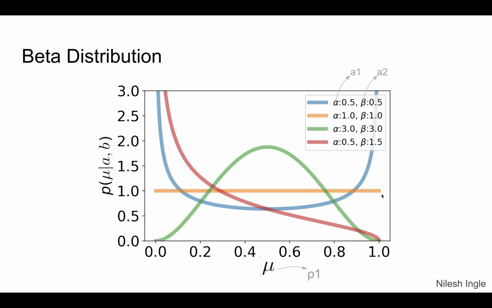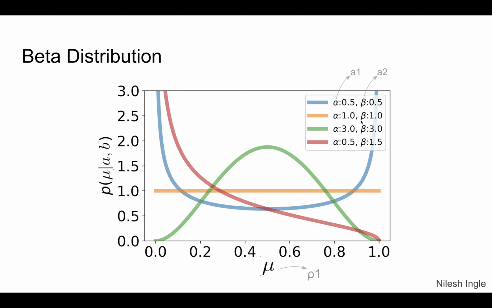So that's showing us a uniform distribution. Then we set them to a lower value of 0.5, 0.5. Then we get this blue curve, which is a U-shaped curve, pushing the values towards the edges at 0 and 1. And then we have the other shapes that are based on other values.